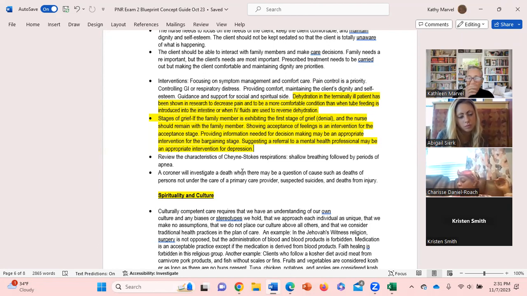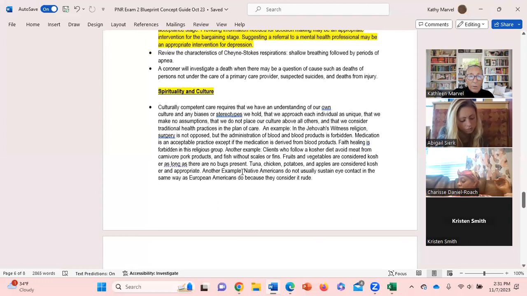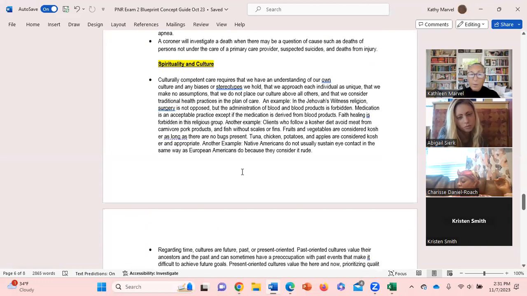Okay. Next section, spirituality and culture, getting back to our culturally competent care, right? For us to provide culturally competent care, it requires that we have an understanding of our own attitudes, beliefs, biases and stereotypes, if they exist, right? Cultural competence means approaching individuals as unique individuals.